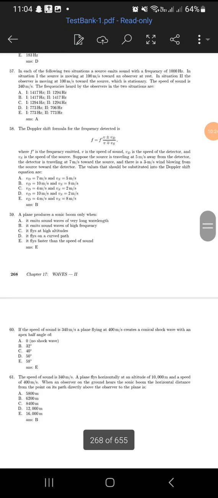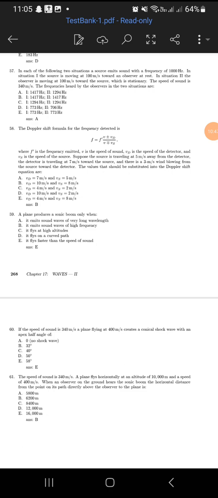So in each of the following two situations, a source emits sound with a frequency of 1000 Hz. In situation 1, the source is moving at 100 meters per second towards an observer at rest. In situation 2, the observer is moving at 100 meters per second towards the source, which is stationary. The speed of sound is 340.